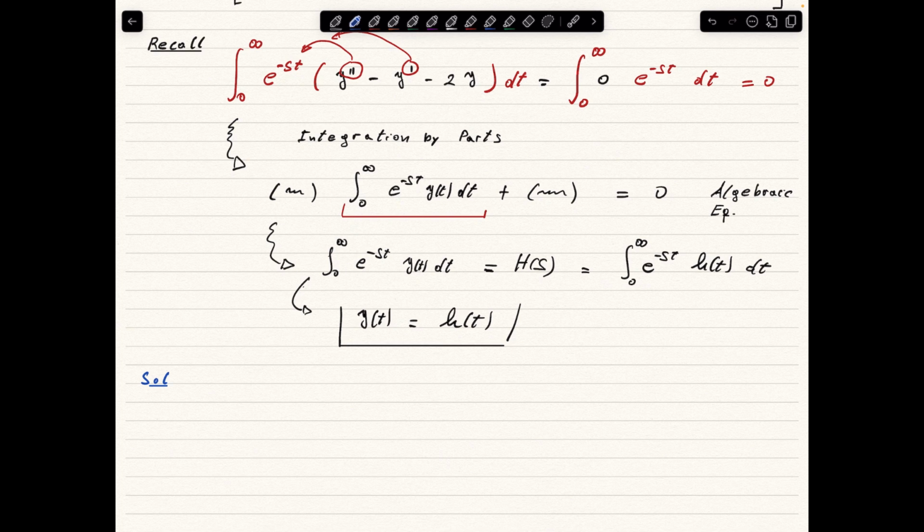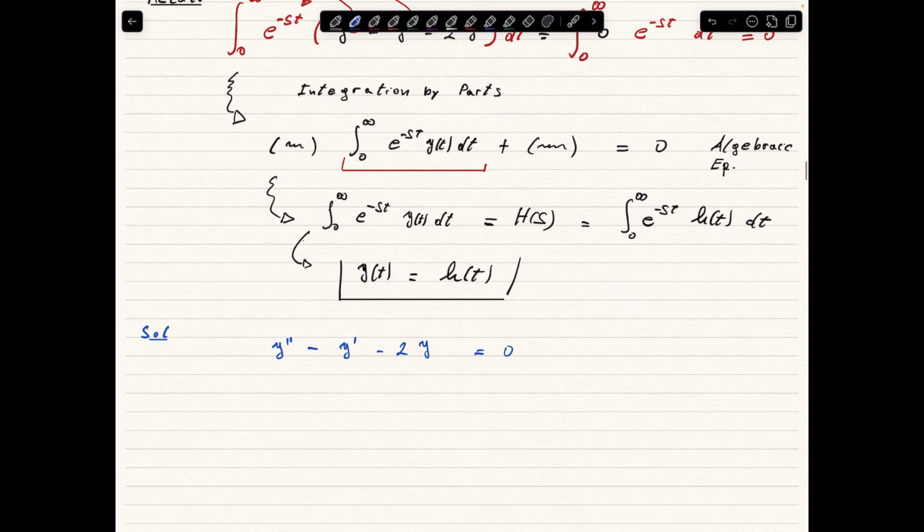So for example, let's start where we said we are going to start, with the equation: the second derivative minus the first derivative minus 2 times y is equal to 0. Now we compute the Laplace transform on both sides of the equation, and we have a notation for that: the Laplace transform of y'' minus y' minus 2y equals the Laplace transform of 0, but the Laplace transform of 0 is 0.